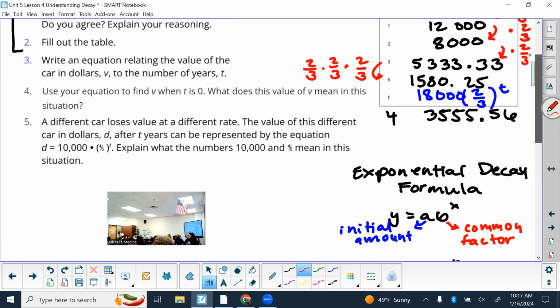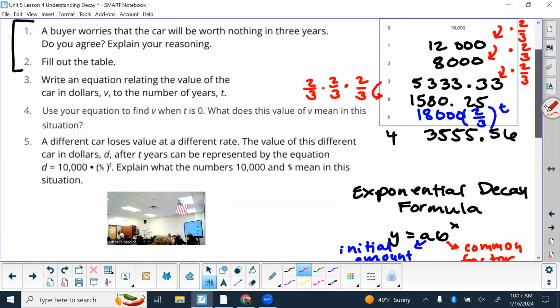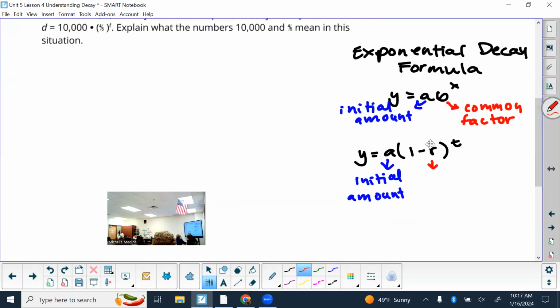So think about the math we did up here when we did 1 minus something. If it was this situation, it would be 1 minus 1/3. Oh, would it be that thing? Yes, kind of. Okay, so I'll just tell you. It's your decay rate as a decimal.